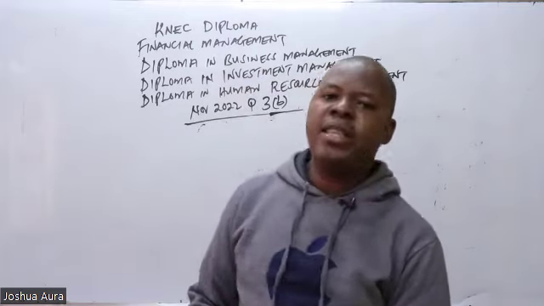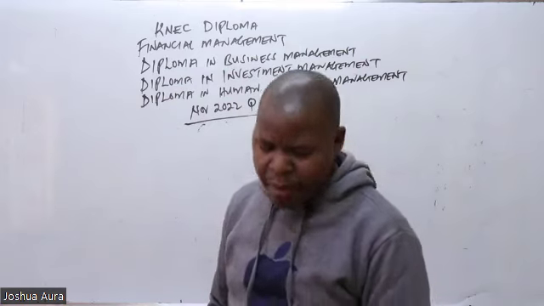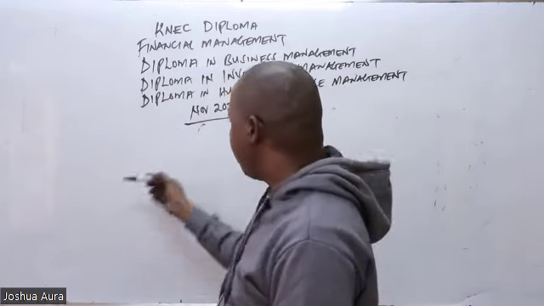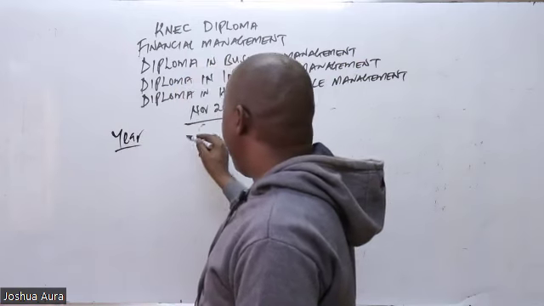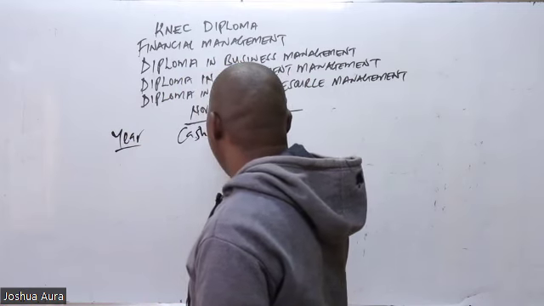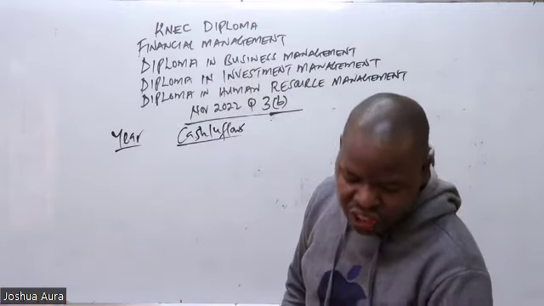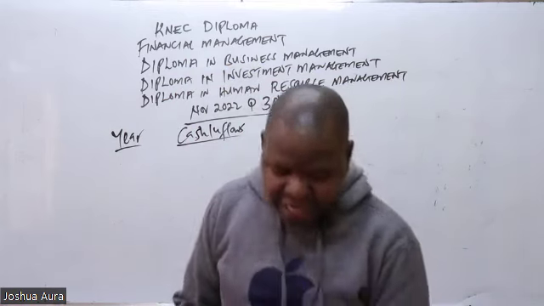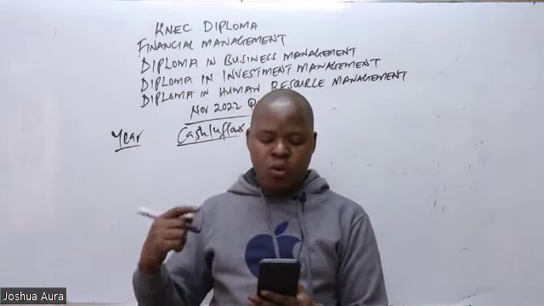So now let us look at the solution. So we will come up with a table of columns, whereby we will start with a column of year, cash inflows, and because the requirement is to calculate the discounted payback period.